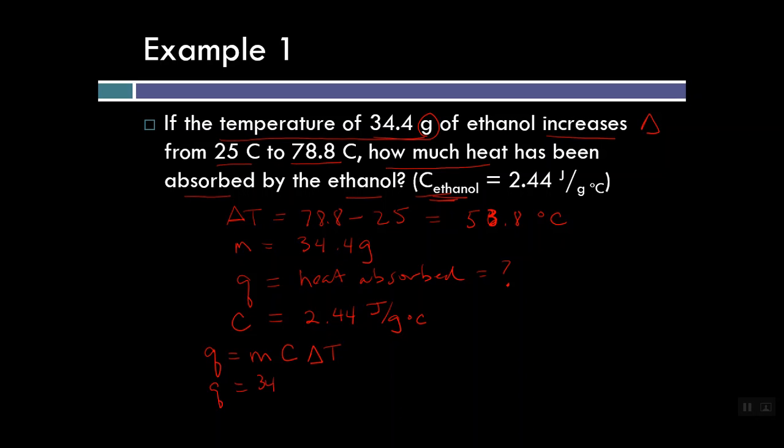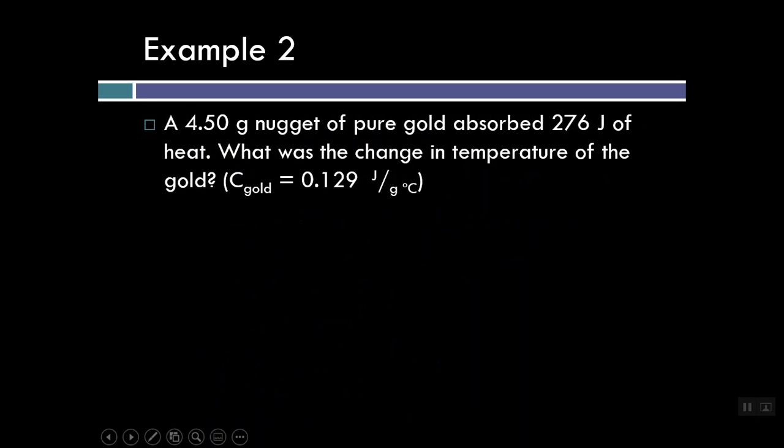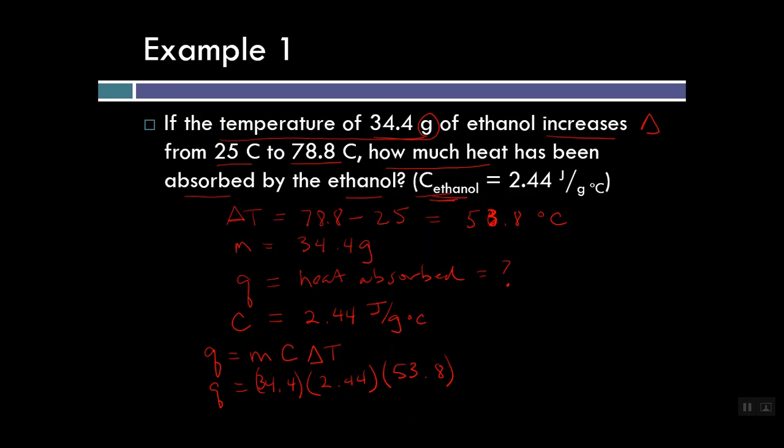The mass was 34.4, my specific heat was 2.44, and my change in temperature was 53.8. I'm not going to put in units because I'm just doing the math. I think I'm out of space there. So I get that Q equals 4,515, and I'll take that to the tenths place, so that'd be 0.5.